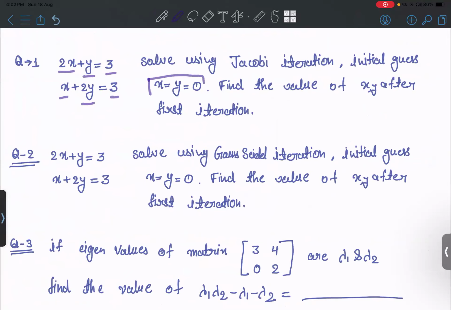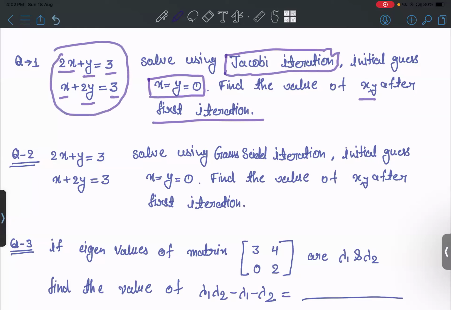The initial guess is x equal to y equal to 0. We need to find x and y after the first iteration, and we want to solve this using Jacobi iteration. Please post the answer.